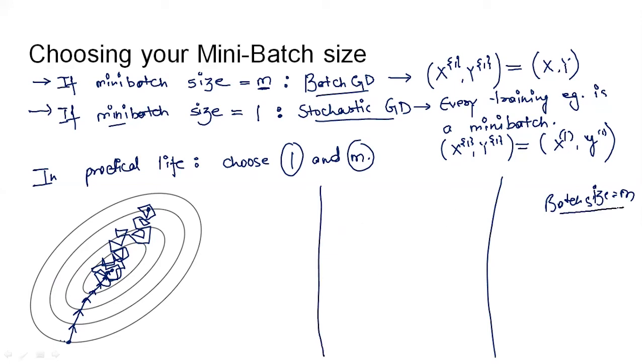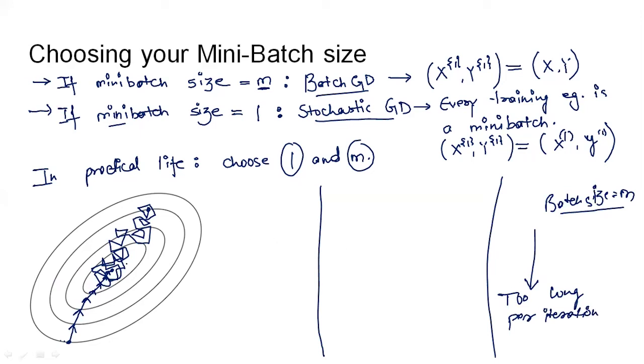If we choose the batch size of m, it would be a batch gradient descent algorithm and it would take too long per iteration.